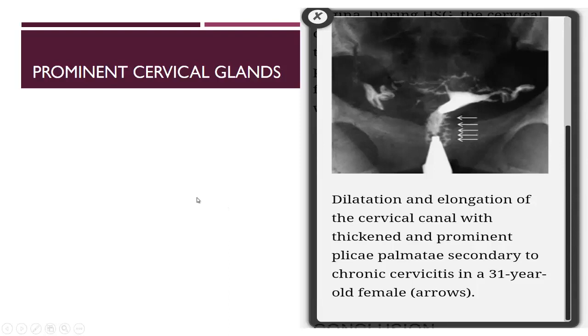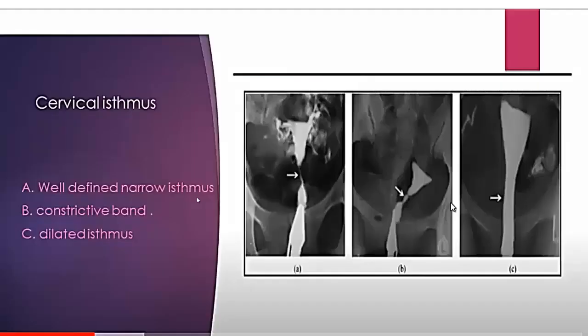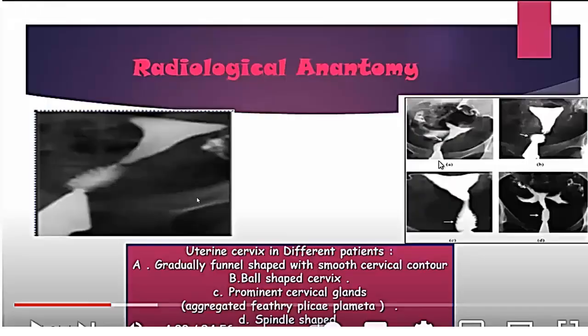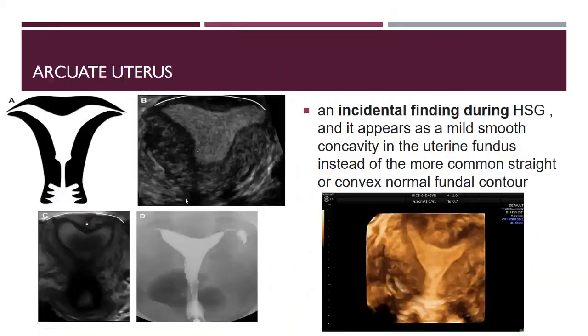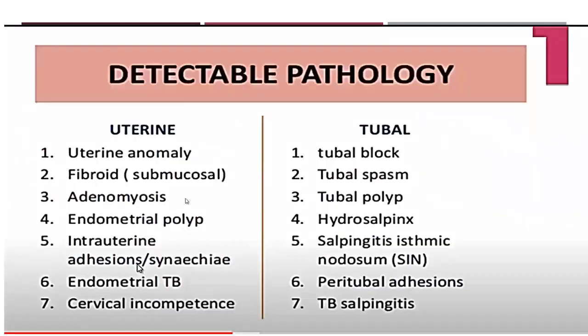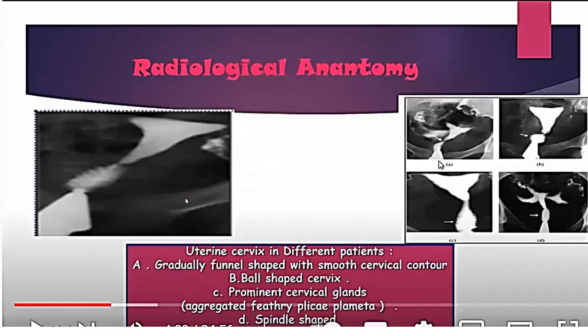We will stop here with the normal radiological anatomy. Regarding the radiological anatomy of the uterus, here is normal in shape. I think there is a slide here on the normal shape of the uterus.